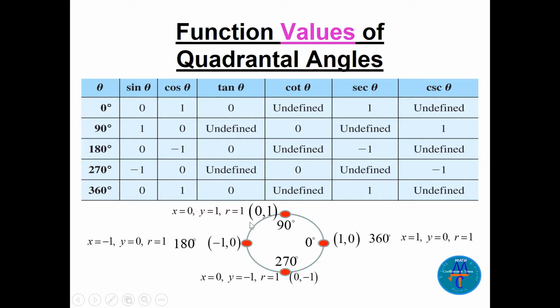You can use the unit circle. See the angle 0, you can use this point, (1, 0). See, x is 1, y is 0. And r is 1 in all these 4 points on the unit circle. So you can use the definition. Sine will be y over r, and the cosine of this angle will be x over r.